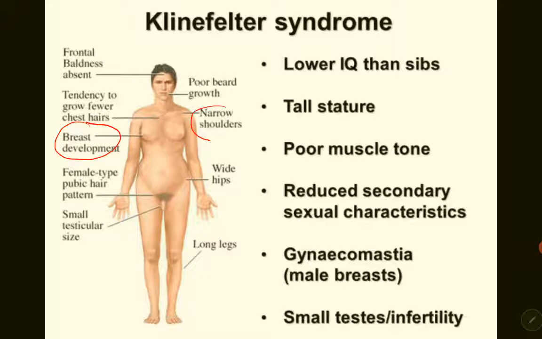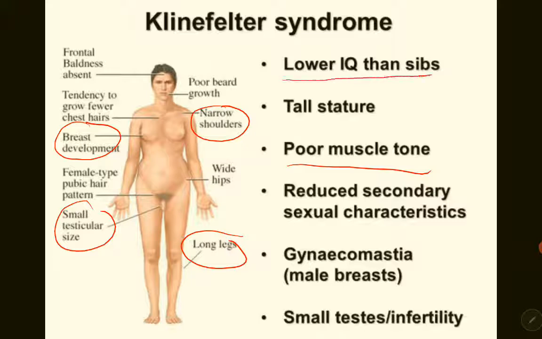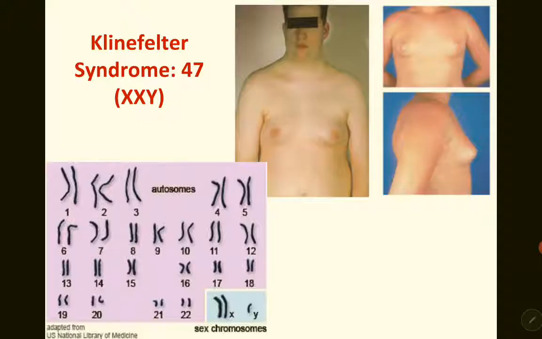They have narrow shoulders, poor muscle tone, long legs, long arms, small testicular size, lower IQ than others, and tall stature. So we just remember some of the characteristics of the Klinefelter syndrome patient. Okay, this refers to the breast development in the male Klinefelter syndrome patient.